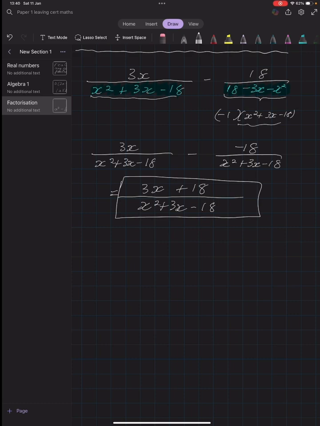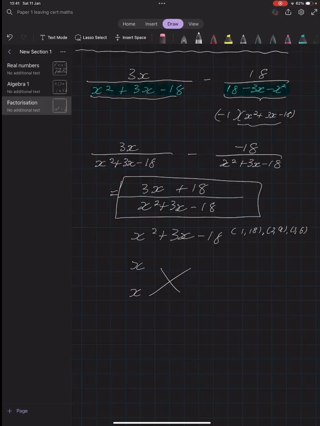So I need to change x squared plus 3x minus 18 into its factors. So its factors are x and x. 18 is going to be 1 and 18, 2 and 9, 3 and 6. And those are the only ones that are there.